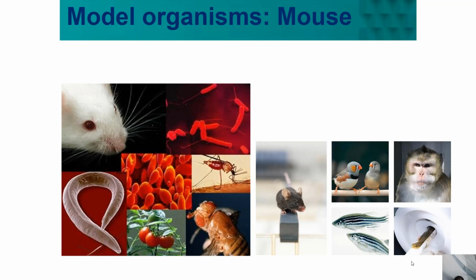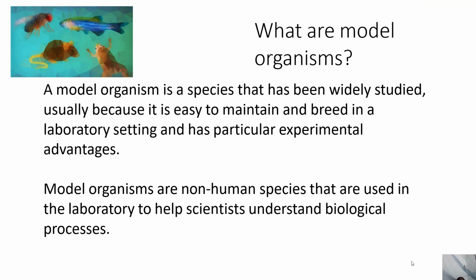So, we start talking about model organisms for the first time. What are model organisms and how do they help our research? A model organism is a species that has been widely studied, usually because it is easy to maintain and breed in a laboratory setting and has particular experimental advantages.